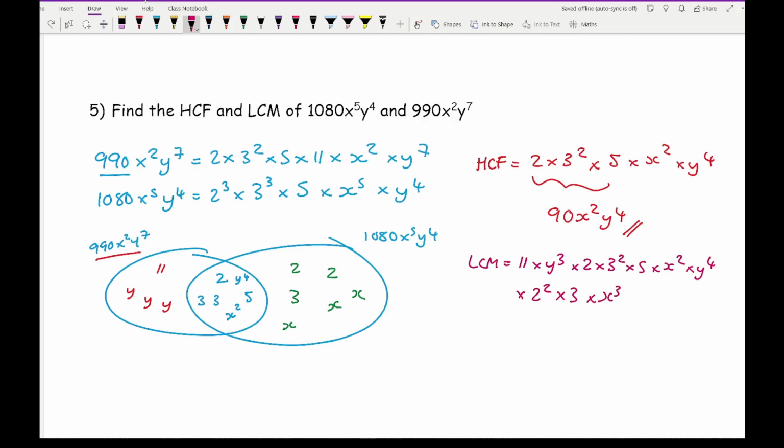So we've got 11 times 2 times 9 times 5 times 4 times 3 gives me 11880. Then looking at the x's, I've got x squared times x to the power 3. So add the powers, and that becomes x to the power of 5. And then looking at the y's, I've got y cubed and y to the power 4, so that gives me y to the power of 7. And there is my final answer for the lowest common multiple.